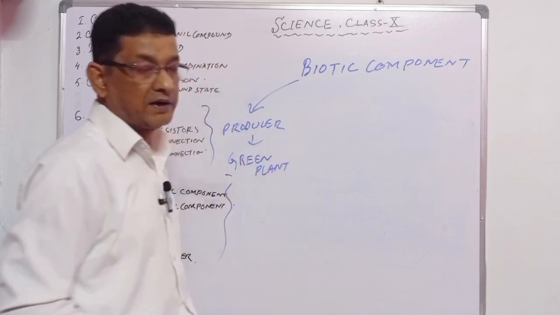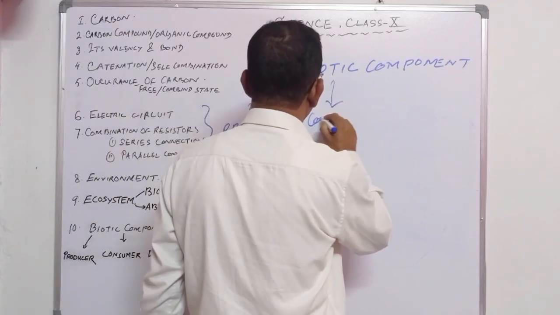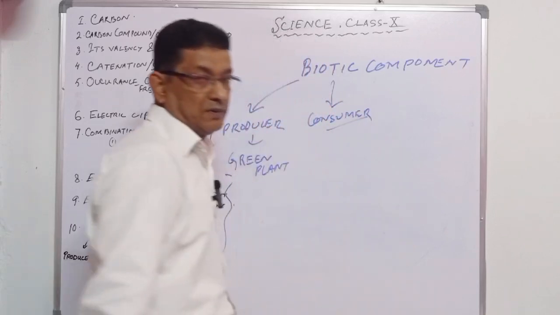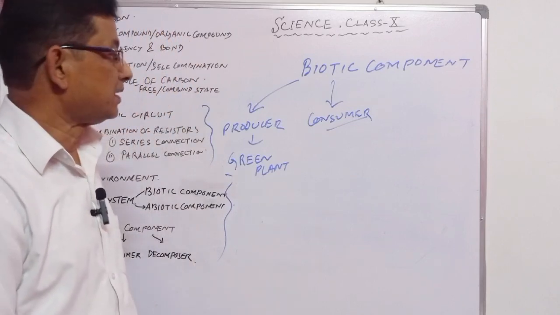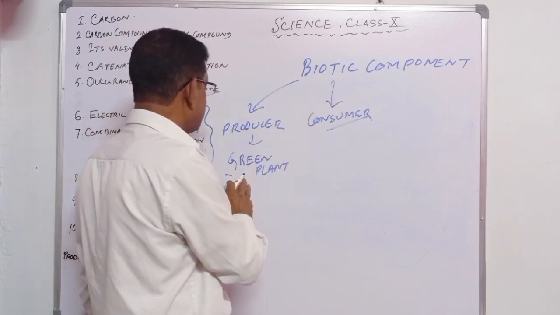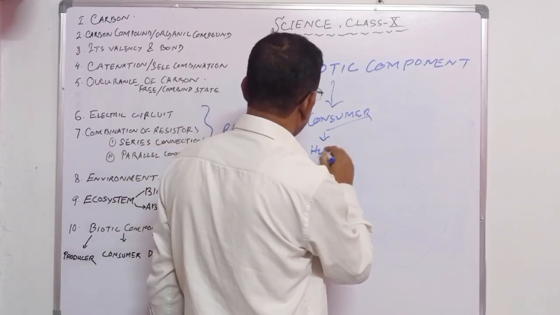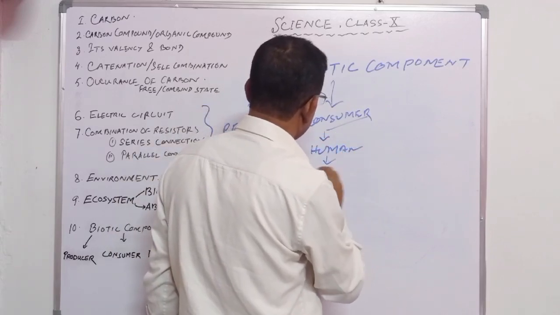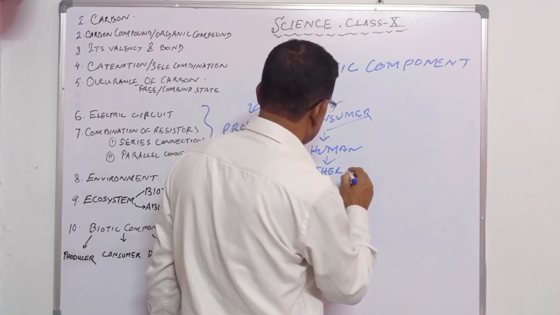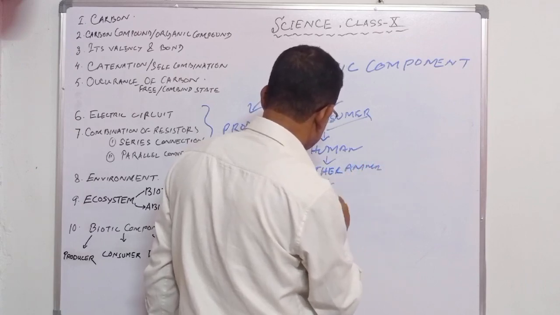They produce their food by the process of photosynthesis. And the next is consumer. We are consumers. We and other animals or living organisms which depend for their food directly or indirectly on producers are called consumers. It may be humans, other animals and organisms, microorganisms.